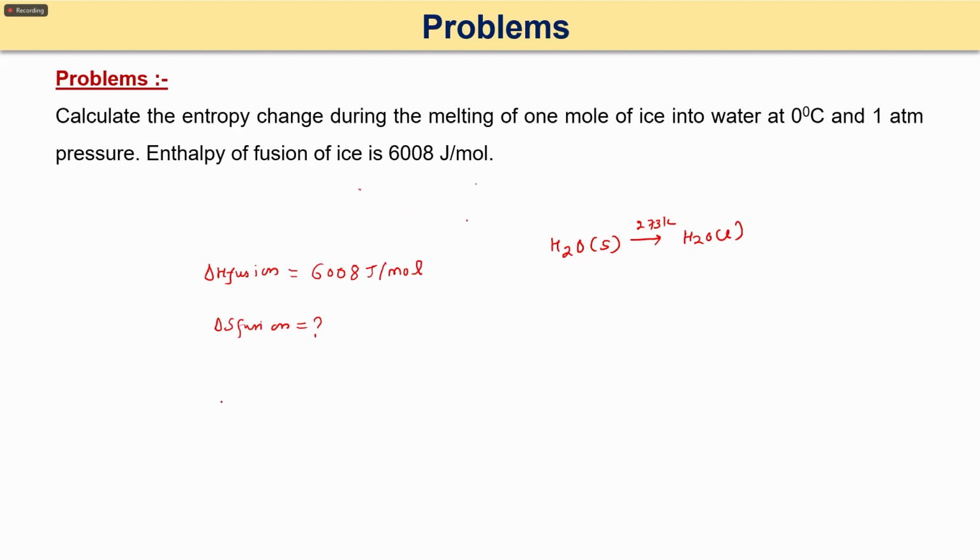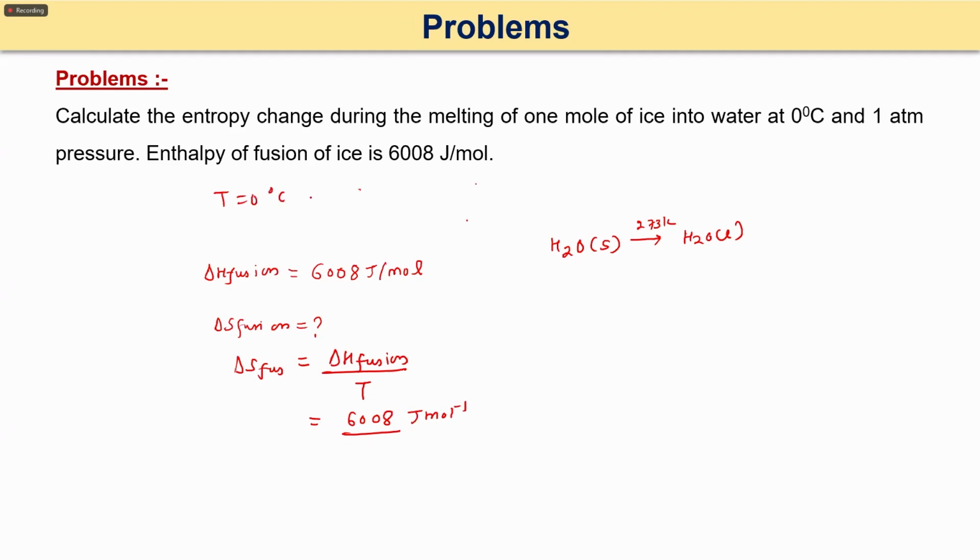Now let us calculate the delta S. Your delta S of fusion in this case will be equal to delta H of fusion by T. Your delta H fusion is given, 6008 joule per mole, and temperature is 0 degrees Celsius.